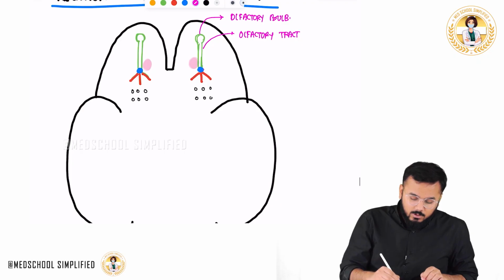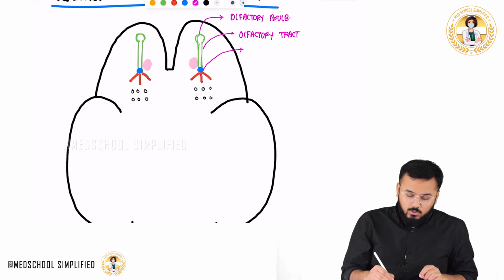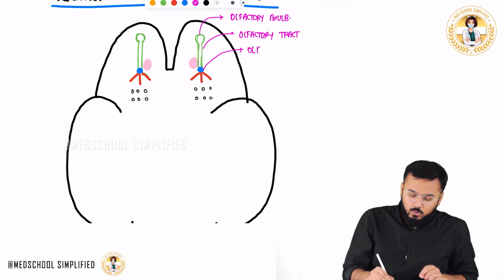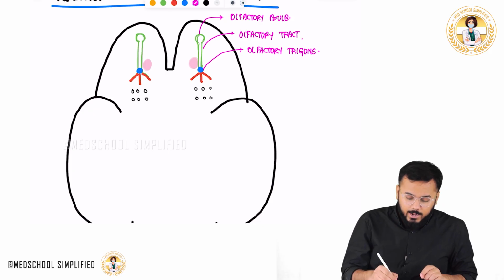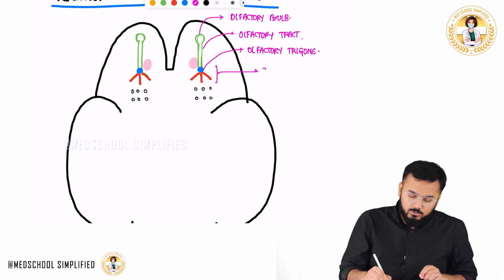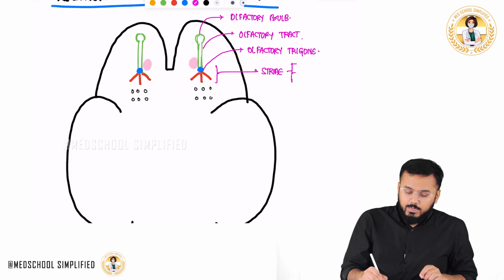After this olfactory tract, this part over here is called your olfactory trigone. And behind this olfactory trigone, this part over here is called your striae. There are basically three different types of striae.